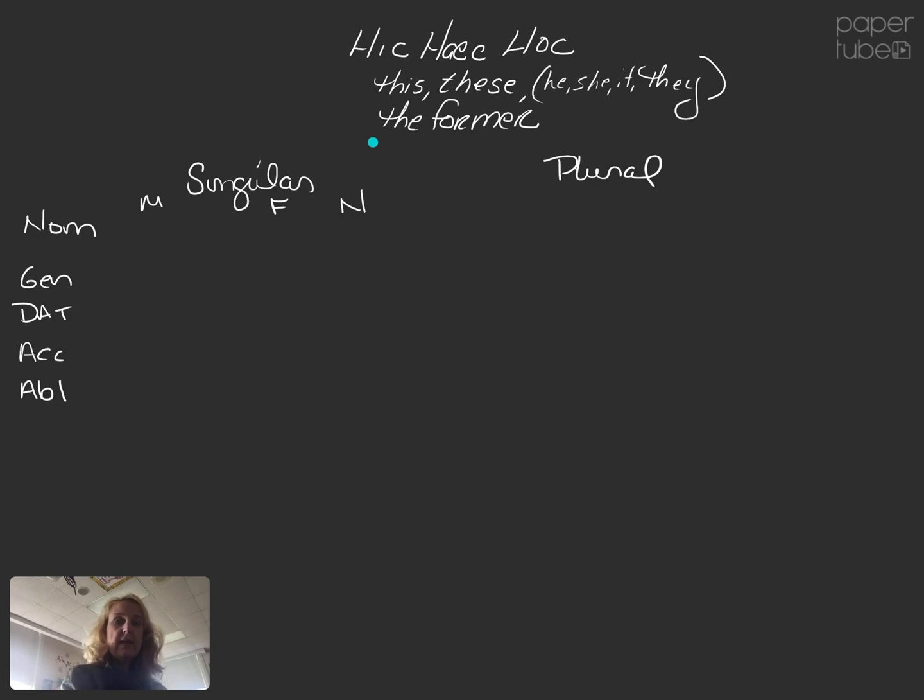We decline hic, haec, hoc in rows. So I do all the nominative singular forms. Then I do all the genitive singular forms. I don't do the column. I don't go hic, huius, huic, hunc, hoc. If I learn it that way, I'm going to have to memorize more forms.